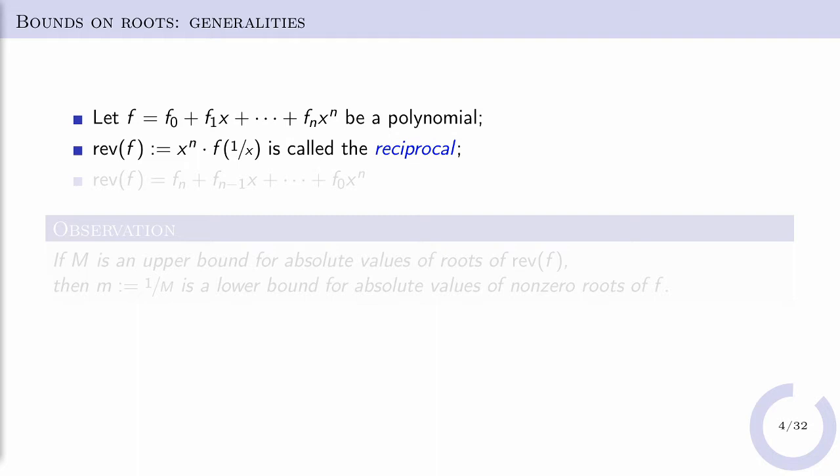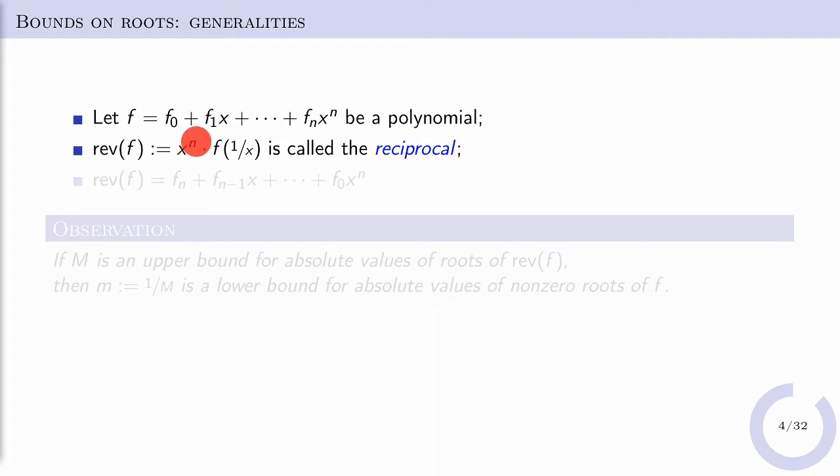If we imagine how this expression looks, we'll have fn times 1 over x to the nth power times x to the nth power, so this nth power of x will cancel, and we'll have just fn, and so on. Now we have f1 times 1 over x times the nth power of x.